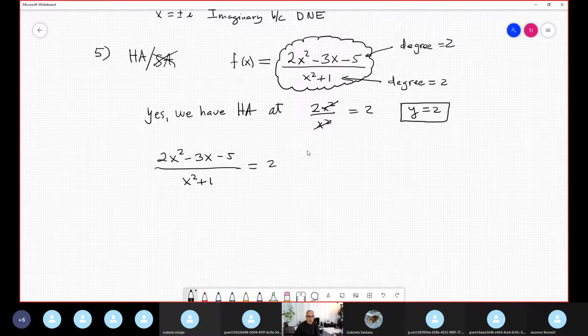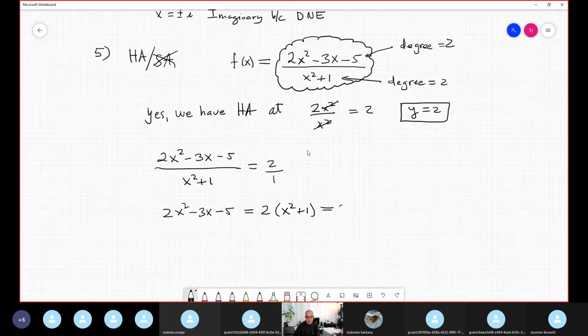In this case, I apply cross multiply. You multiply 2x squared minus 3x minus 5 equal to 2 times x squared plus 1. Apply distributing.